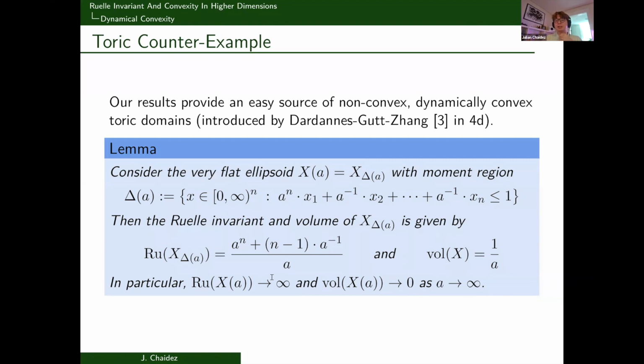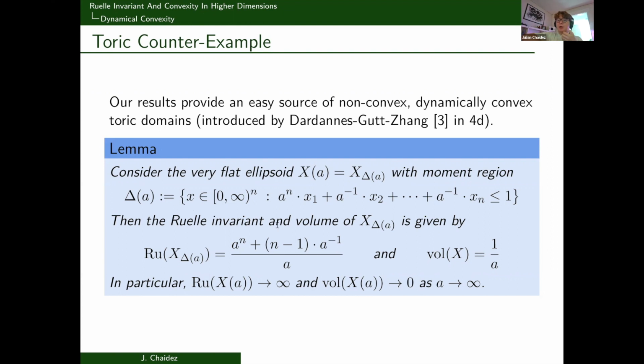The first thing I need to say to explain this counterexample is that I want to consider the following specific convex domain. I take a very flat ellipsoid, an ellipsoid which is really long in almost every direction, but really skinny in one direction. I'll call this ellipsoid delta A, and here's its moment region.